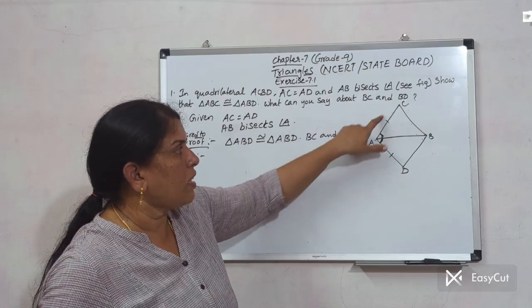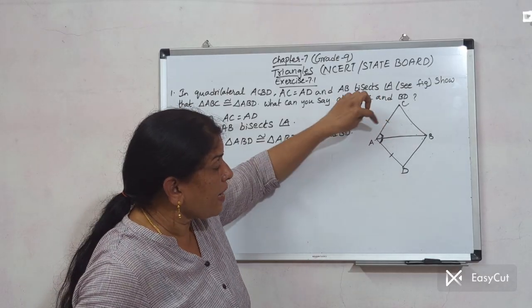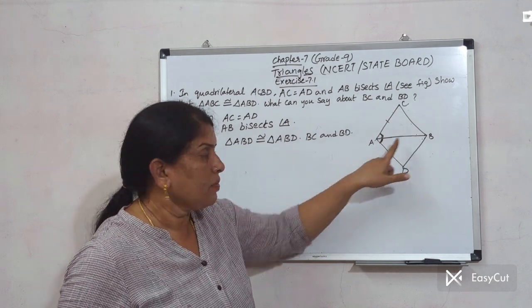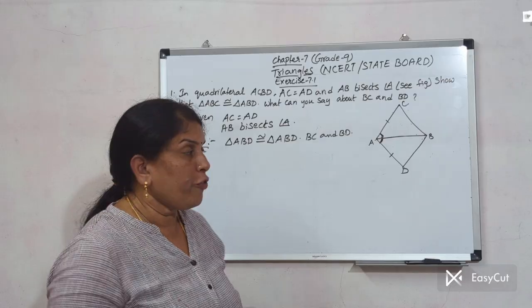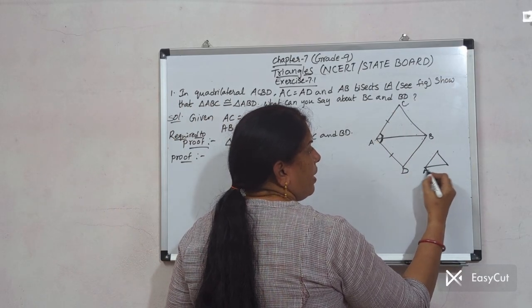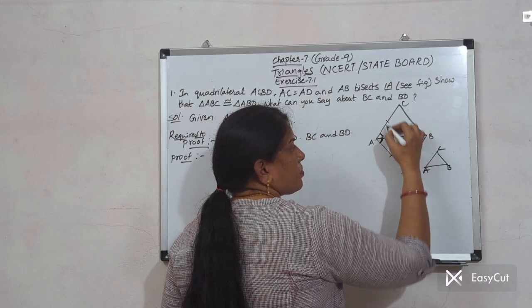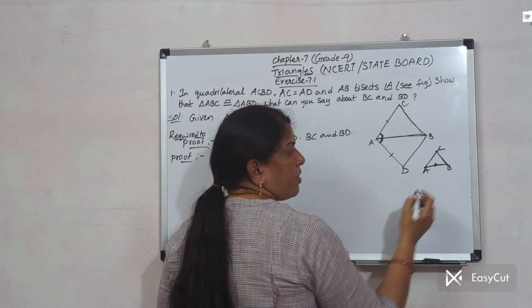AD is equal to AC in the two triangles. In triangle ABC, AB is there. In triangle ABD, AB is there. If you observe this triangle ABC, I am drawing it here. In this triangle AB is there.